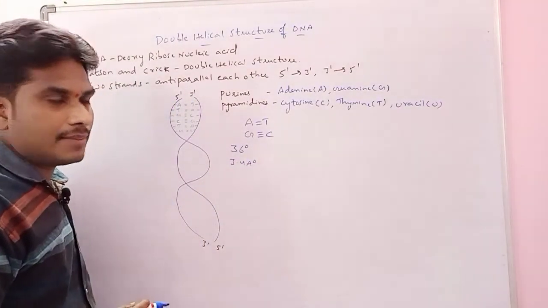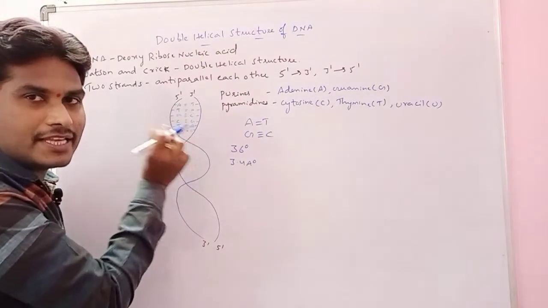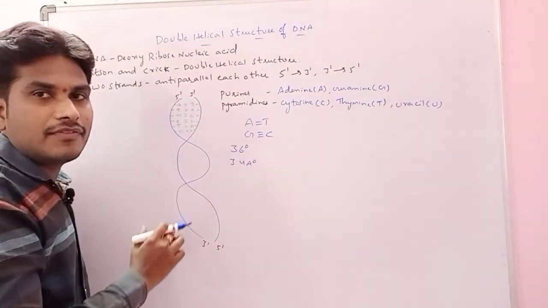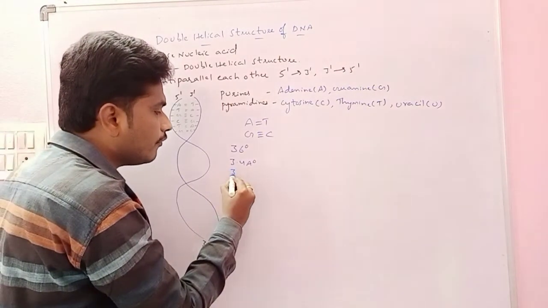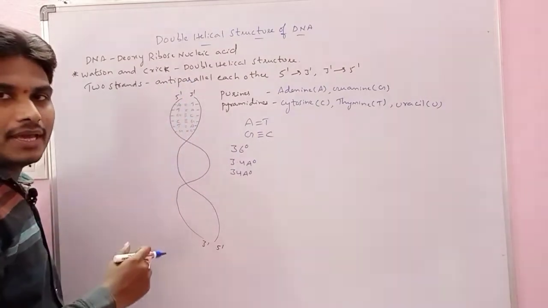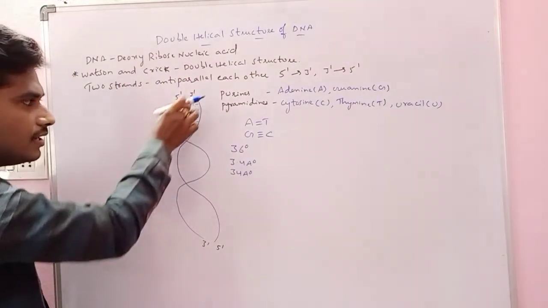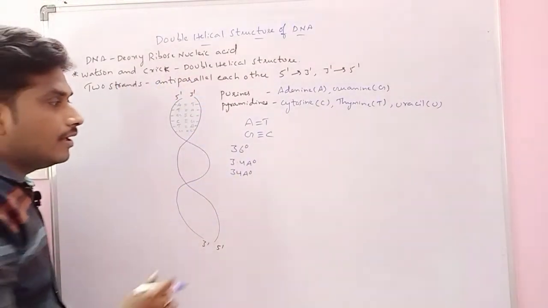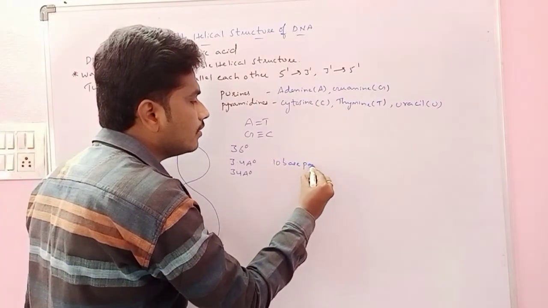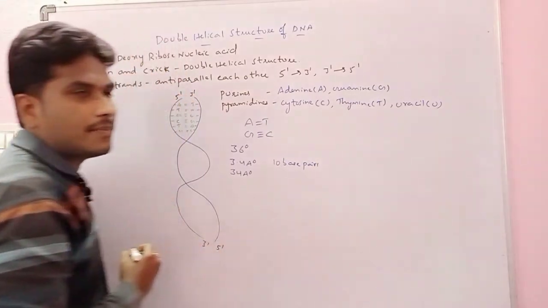If between two base pairs the length is 3.4, then in the complete turn the length will be 34 angstroms, and 10 base pairs are present for every turn.